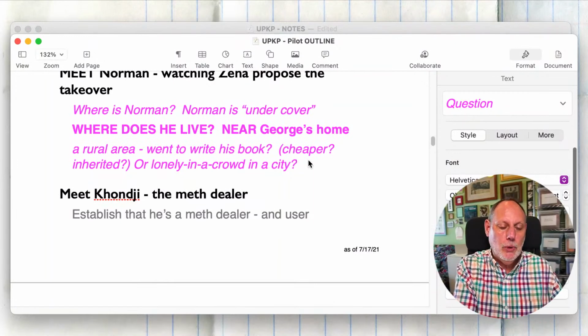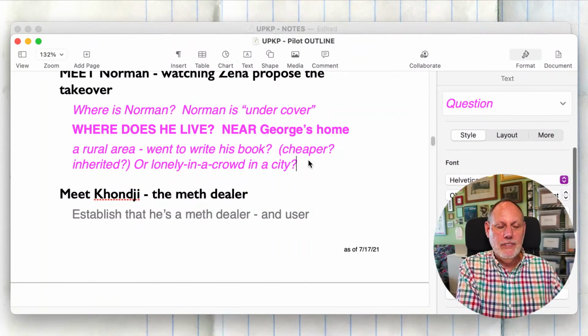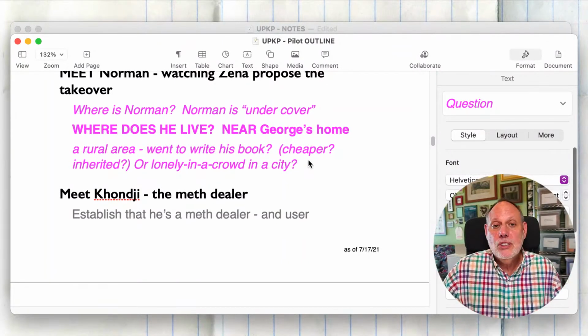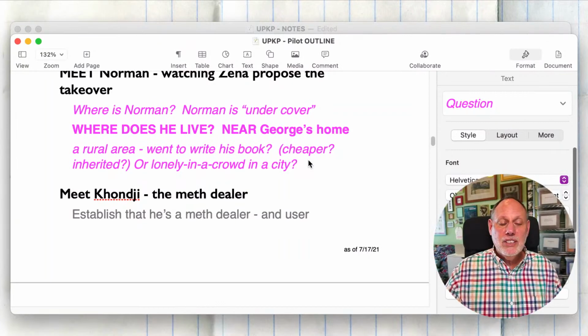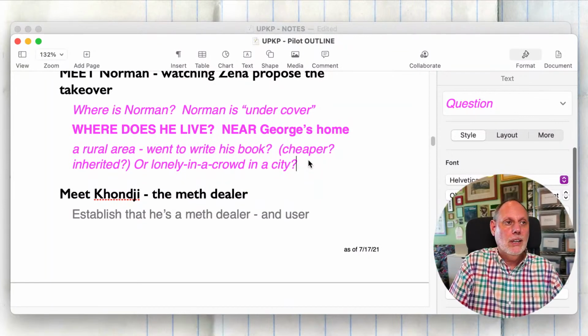I guess the question is, we don't want it to duplicate other people. And if George is living in a fairly isolated place, then Norman shouldn't be doing that too, because it's just too much of the same thing. A lot of the time, you spend your time working on these things, and all you're trying to do is keep things from repeating each other.